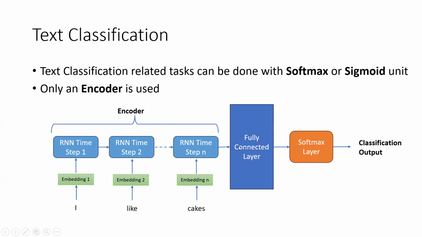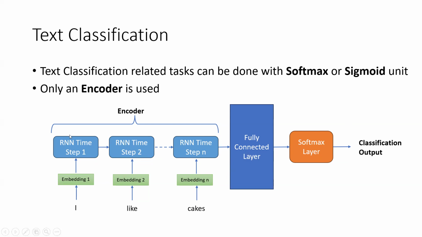The hidden state is moved throughout the sentence or the document, and at the end you can see the vector that contains the meaning of this sentence, which can be used for purposes like sentiment analysis or whatever text classification related task, right?